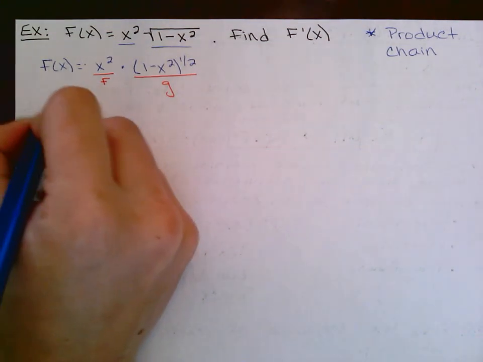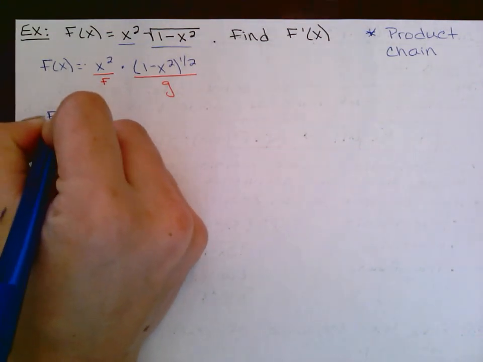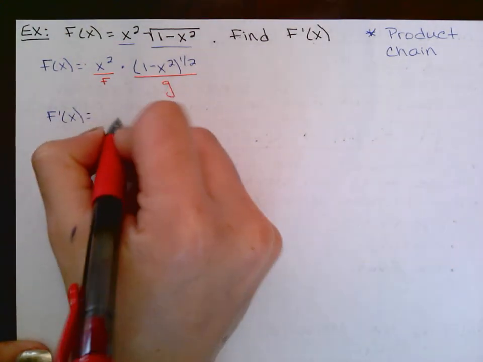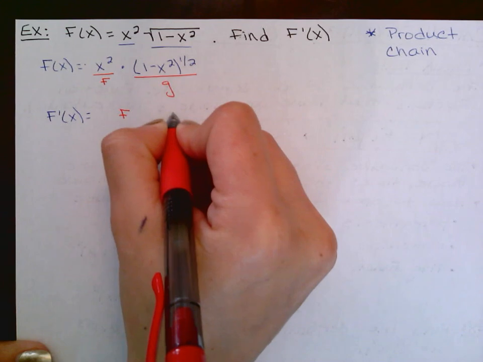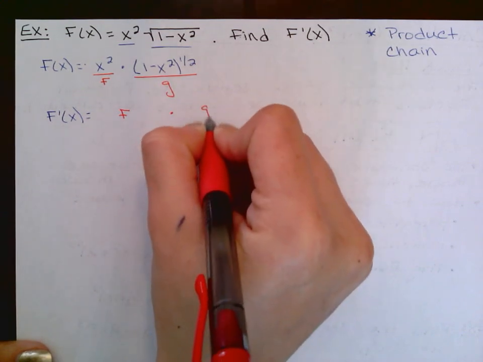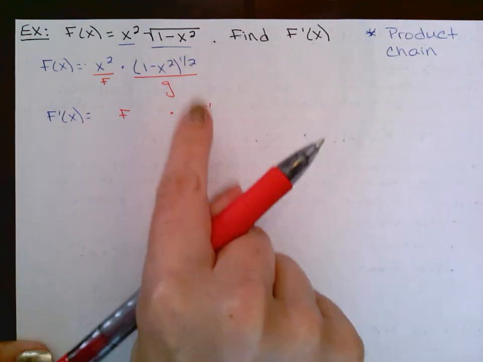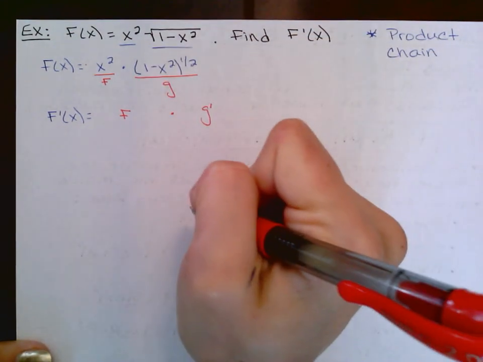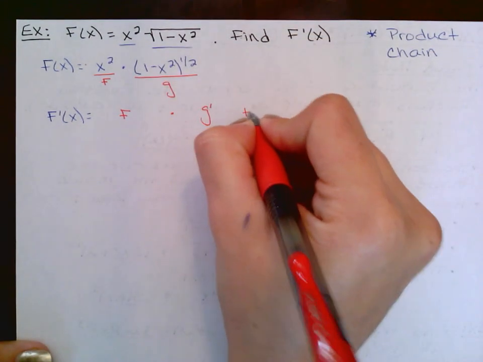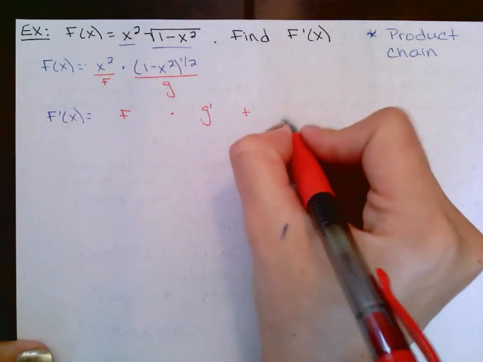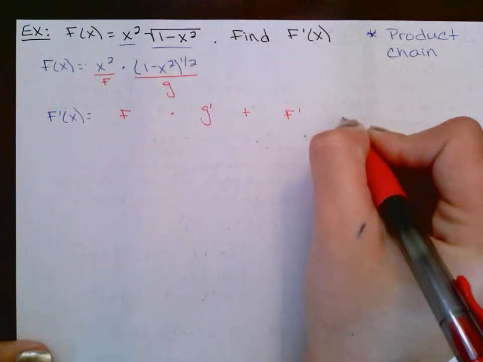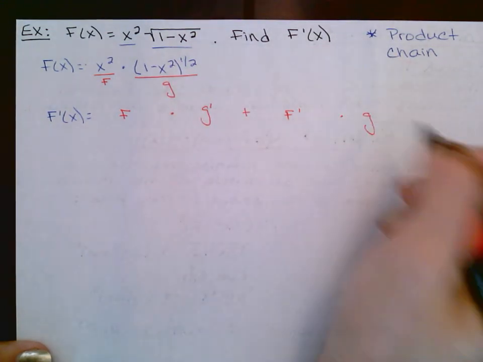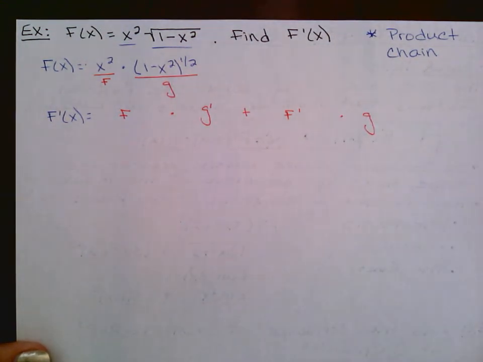So we said f prime of x is the first times the derivative of the second. Now when I do the derivative of this g, that is where the chain rule is going to take place, okay? Plus derivative of the first, that'll be a simple power rule, times rewrite g. Remember, your rewrites don't need any derivatives, okay?